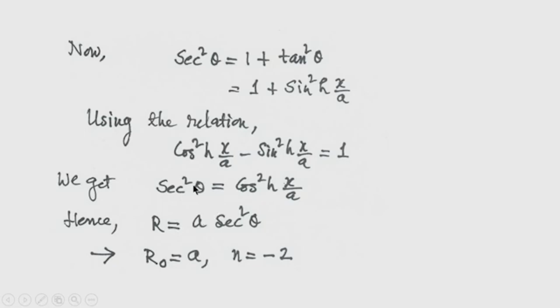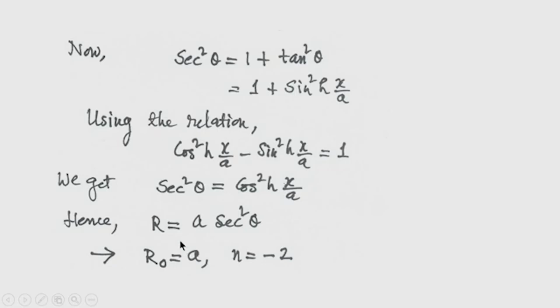Now we can relate this to cos theta, because sec is related to cos. So, sec square theta will be cos to the power minus 2 theta. Therefore, the equation of the curve can be written as r is equal to a sec square theta, and therefore r naught is equal to a, n is equal to minus 2.